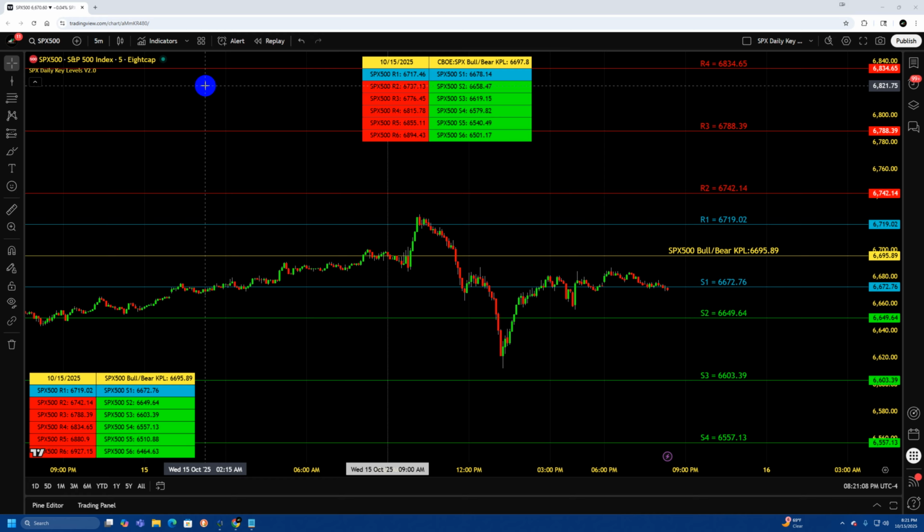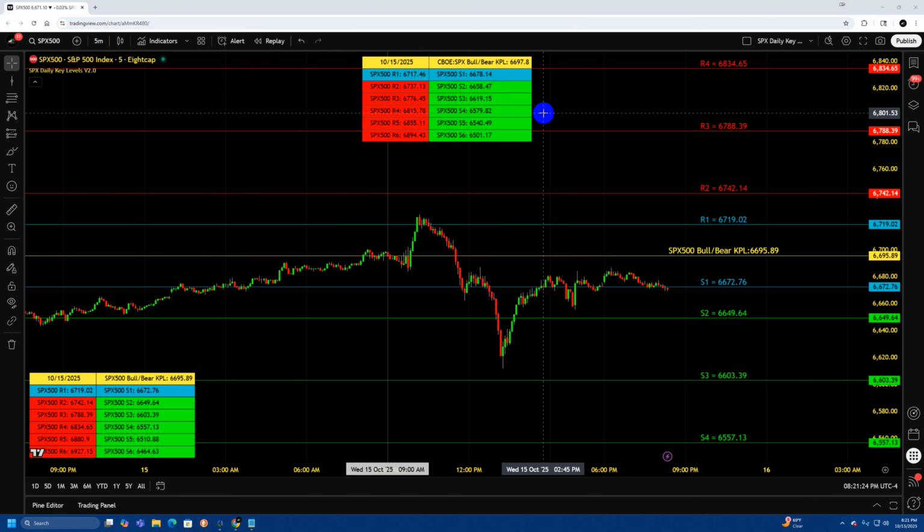So the only way that you can see the CBOE SPX key levels 30 minutes before it opens, if you'd like to get a jump on what you might do during the session, is this second table here while you have it on the SPX 500 chart, which will show you the CBOE SPX levels that will be in effect at 9:30 when it opens.